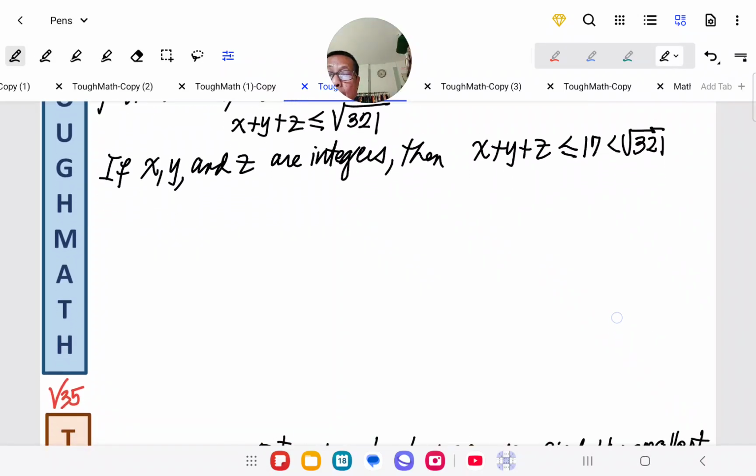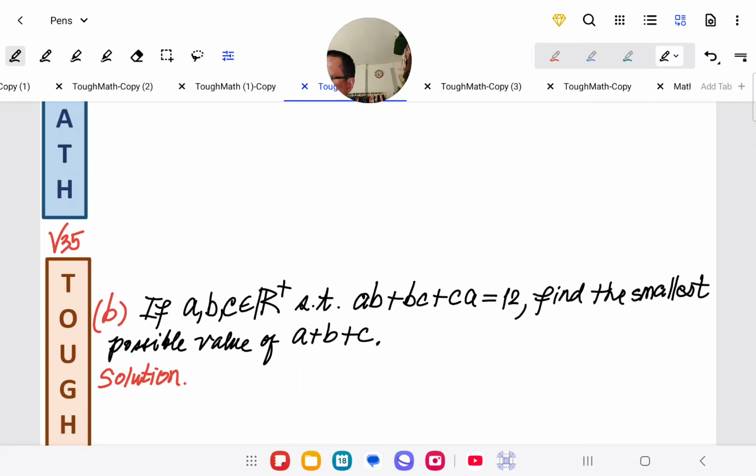Okay, second problem. If a, b, c are positive real numbers such that ab plus bc plus ca equals 12, find the smallest possible value of a plus b plus c.